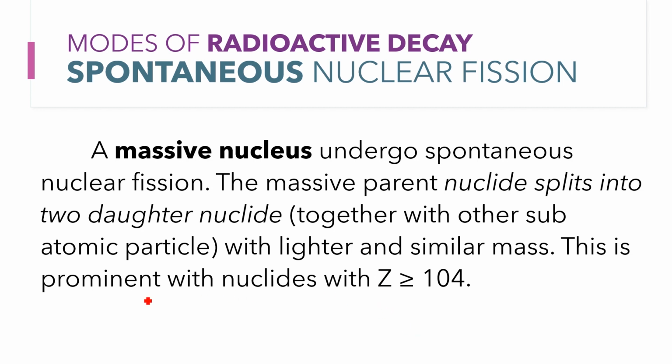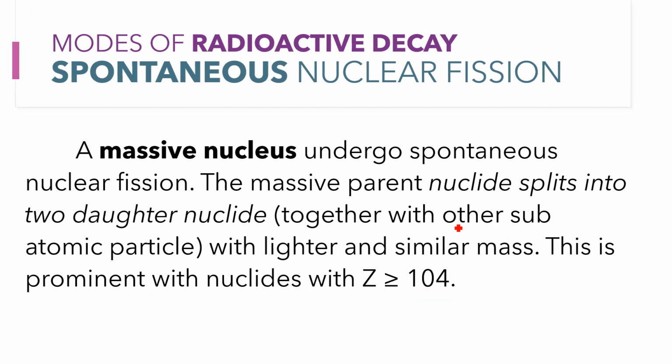So, meaning, yung relatively smaller than Z greater than 104, it may undergo spontaneous nuclear fission, but this process is prominent o mas noticeable dun sa mga atomic number greater than or equal to 104. So, medyo malalaki na to ng mga nuclei.